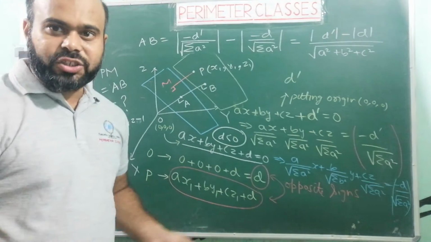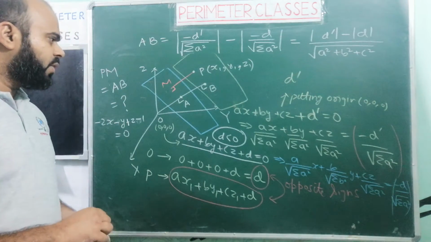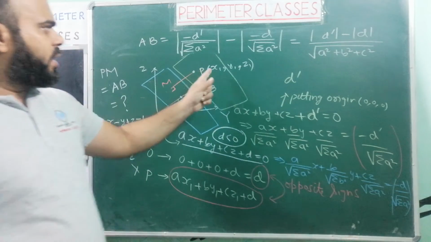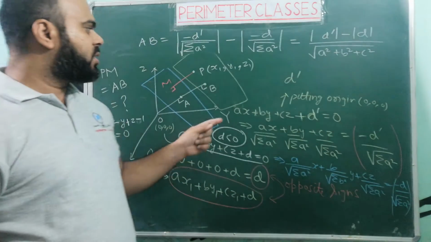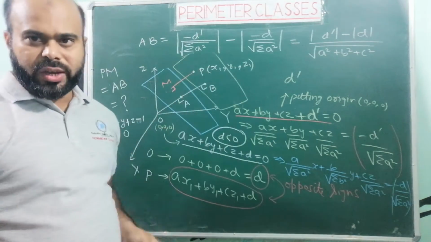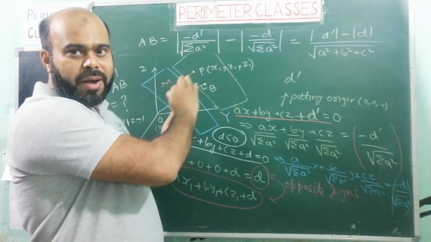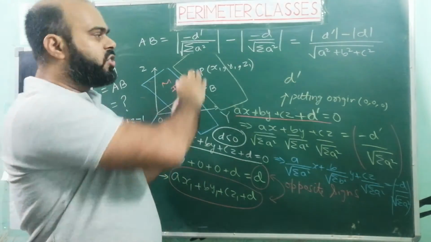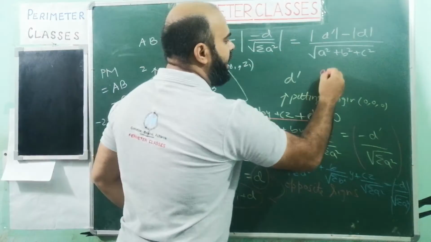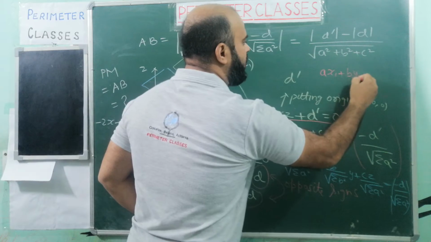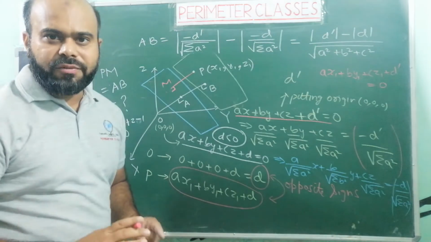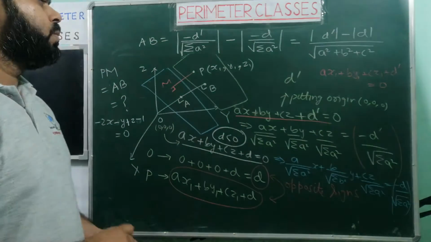What about d dash? When we want to decide about d dash, this point x1, y1, z1 actually lies on this plane, because this plane passes through x1, y1, z1. We have made this plane parallel to the given blue plane such that it passes through x1, y1, z1. So if we substitute it here, we will get ax1 plus by1 plus cz1 plus d dash equal to 0, exactly 0.